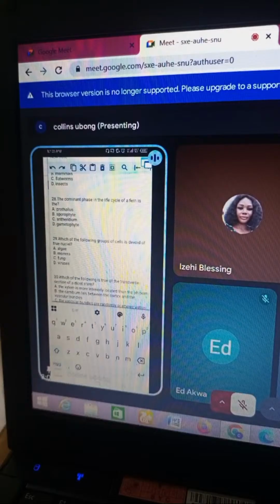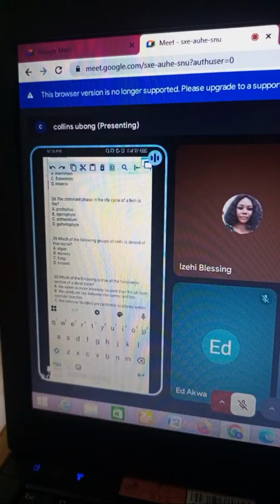Then 29. Which of the following groups of cells is devoid of true nuclei? When it is devoid of true nuclei, they are asking which of them does not have a true nucleus. And the answer is Monera.